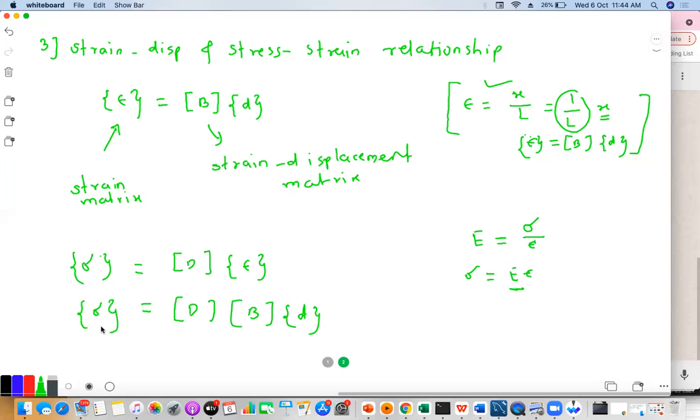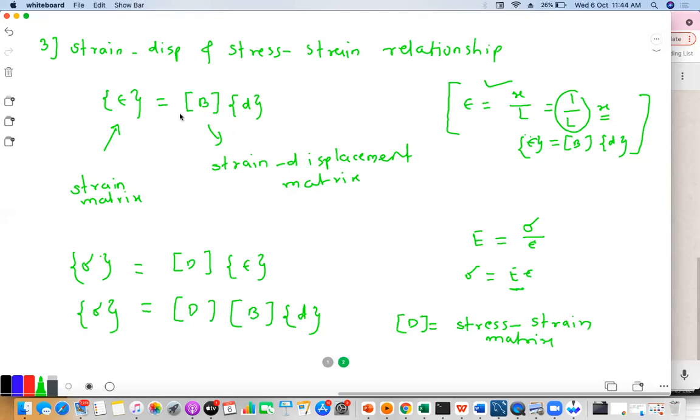This D is the stress strain matrix, right?